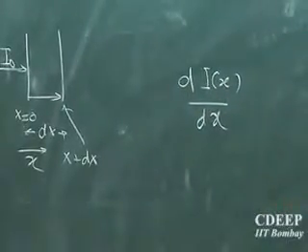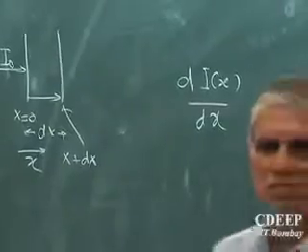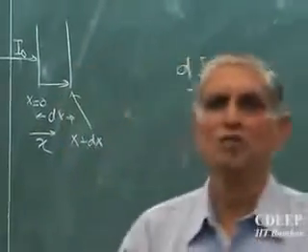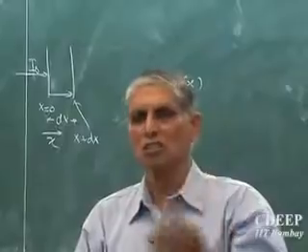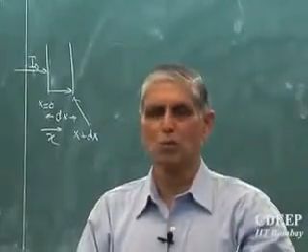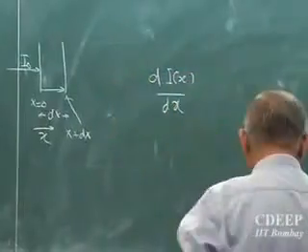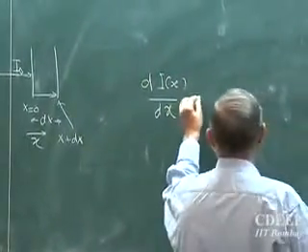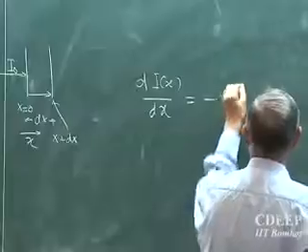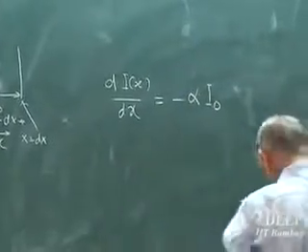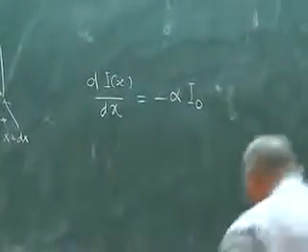The rate depends on the thickness, how much dx you are assuming. However, the change in intensity will be proportional to the available intensity, and as we always do, that is equal to minus alpha times I, where alpha is a proportionality constant.